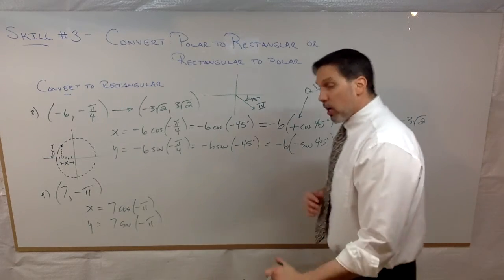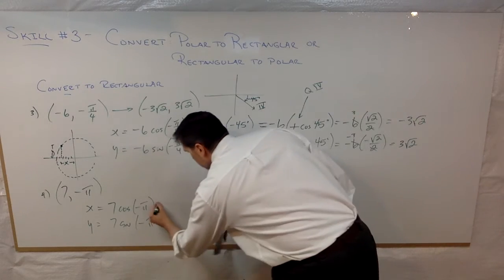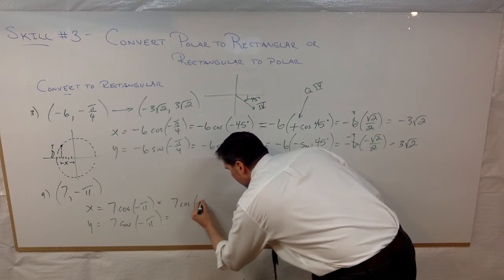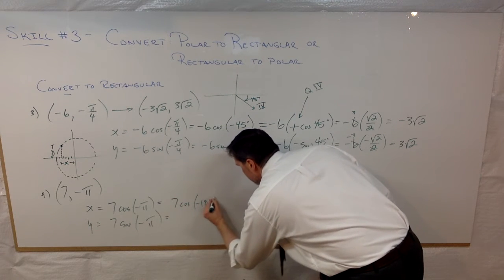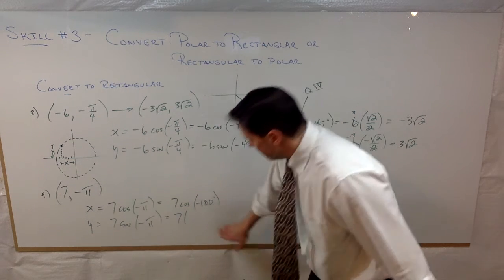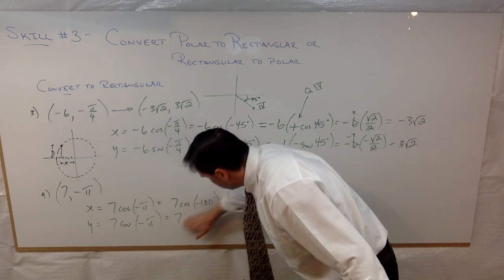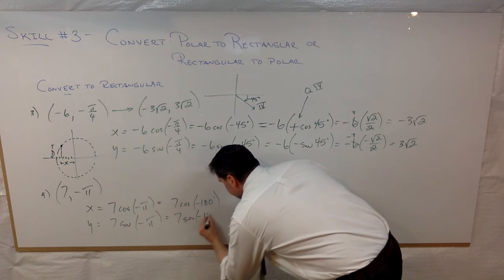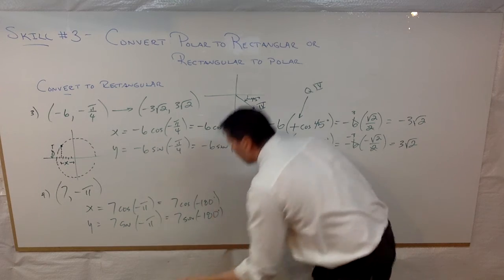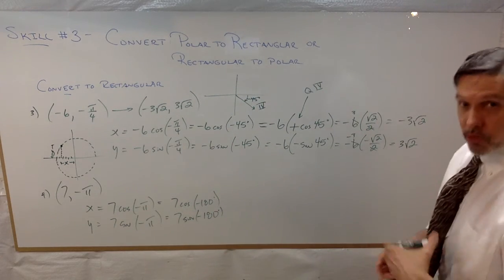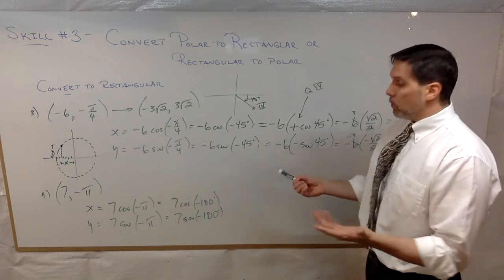Well, pi is 180 degrees, so we're looking at 7 cosine negative 180 and 7 sine negative 180. All right, we do not have reference angles here. These are called quadrantal angles, and quadrantal angles do not have reference angles.